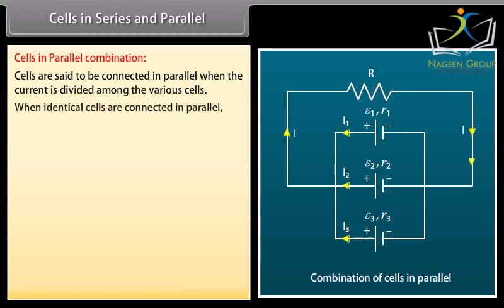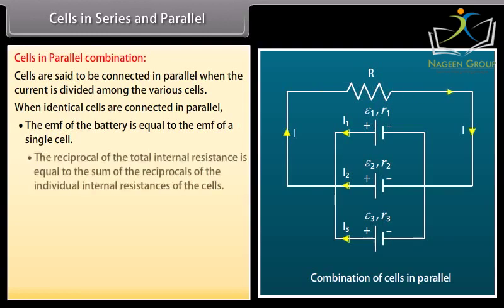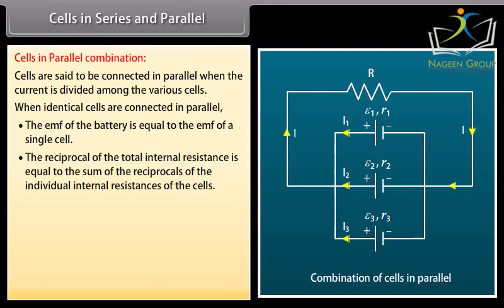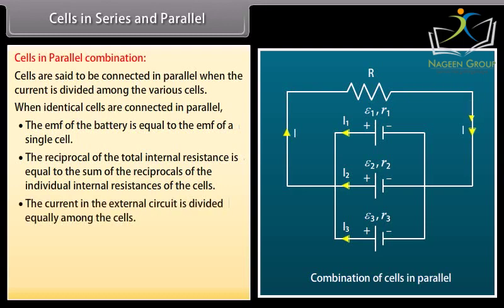When identical cells are connected in parallel, the EMF of the battery is equal to the EMF of a single cell. The reciprocal of the total internal resistance is equal to the sum of the reciprocals of the individual internal resistances of the cells. The current in the external circuit is divided equally among the cells.